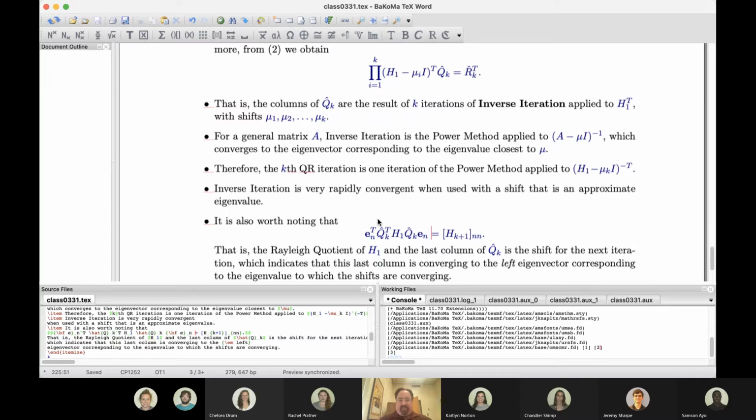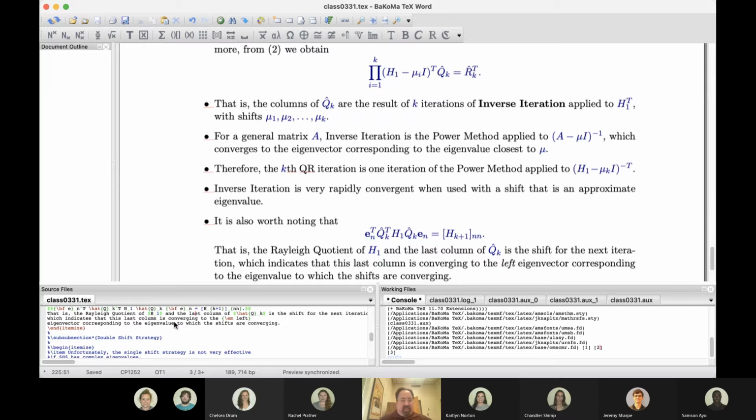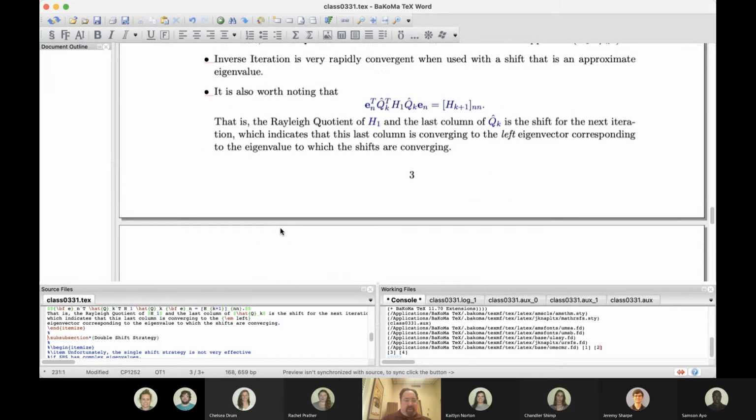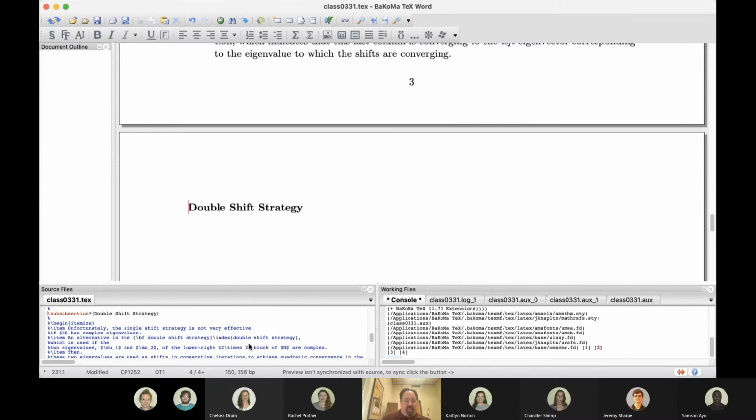Okay. So this is good progress, that we can get the eigenvalues much faster than before, but we're not done yet because this approach doesn't always work well.